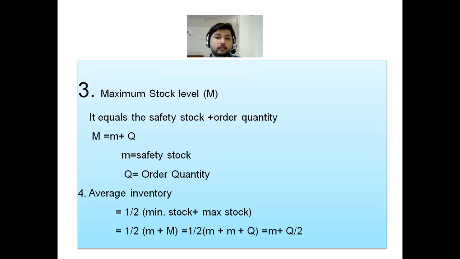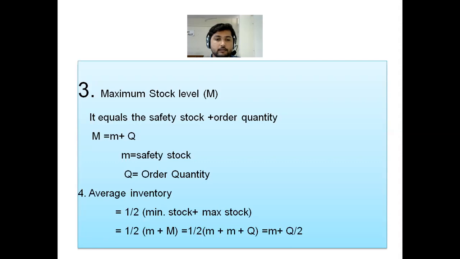Therefore capital M is equal to small m plus capital Q, where m is safety stock and Q is order quantity.